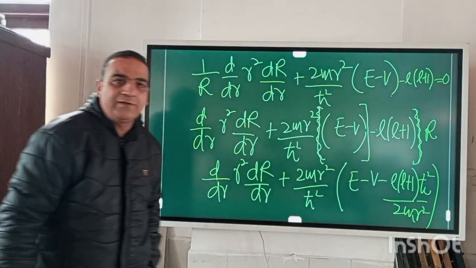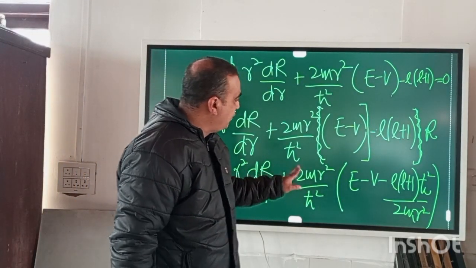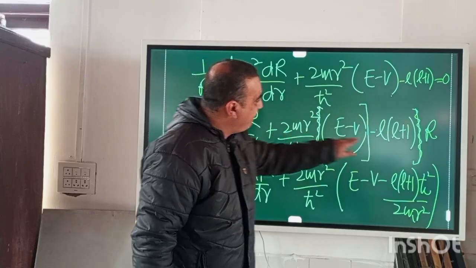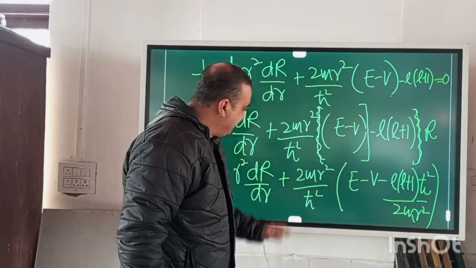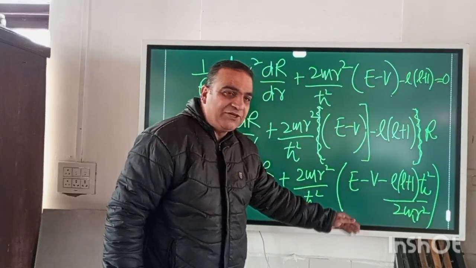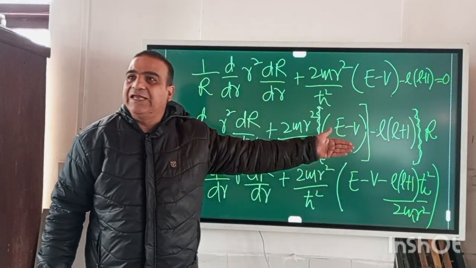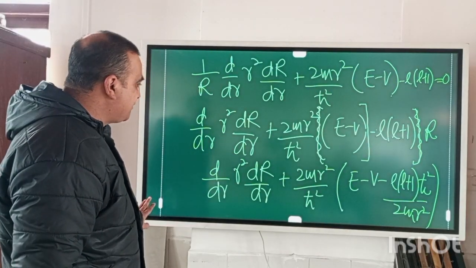Got it? See, it's quite simple. What I have done is introduced L into L plus 1 into the bracket, so that when you go back into the bracket, there will be cancellations. You'll be left with L into L plus 1. Clear? Fine. Okay, so up to now it's okay.